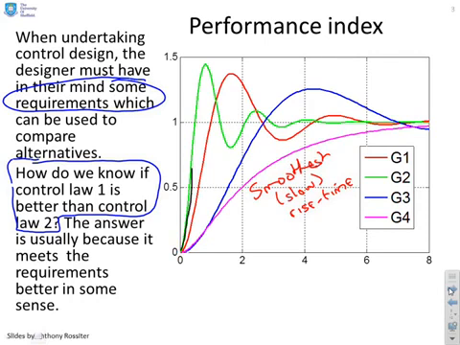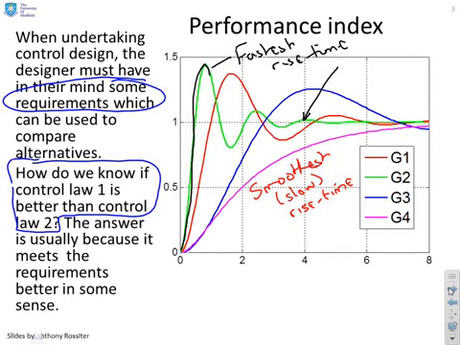Well, you might go with this green plot, because if you look at the green plot, you'll see it's got the fastest rise time. And indeed, even the settling time isn't too bad. If you look, it settles reasonably well, much faster than G4. So okay, it oscillates, but if you're not bothered about oscillation, you're bothered about getting to the target quickly and then settling fairly quickly, the green might do the job for you.